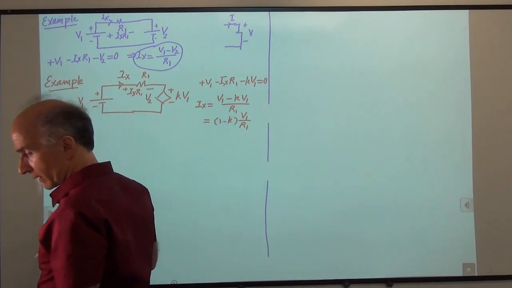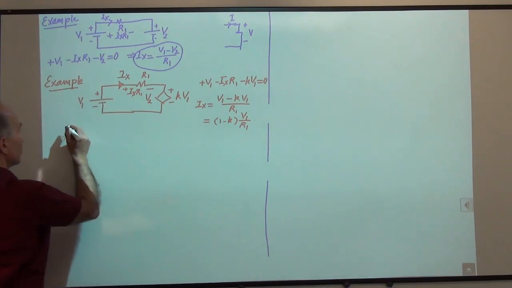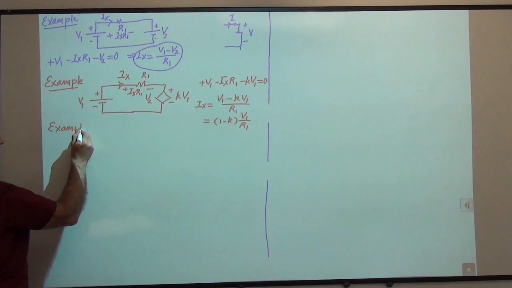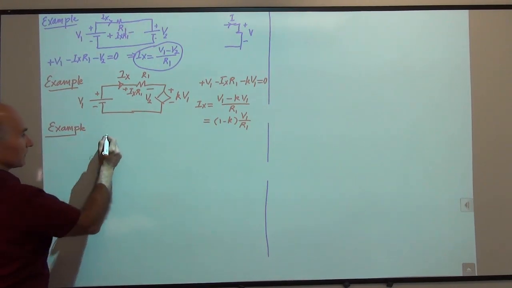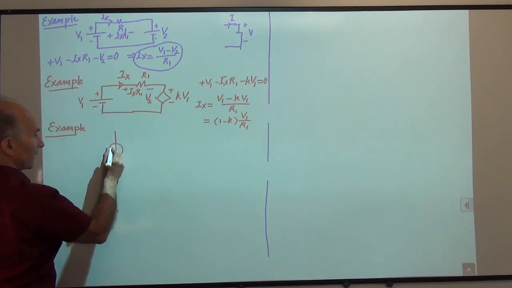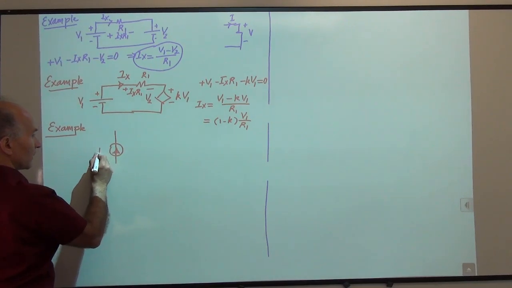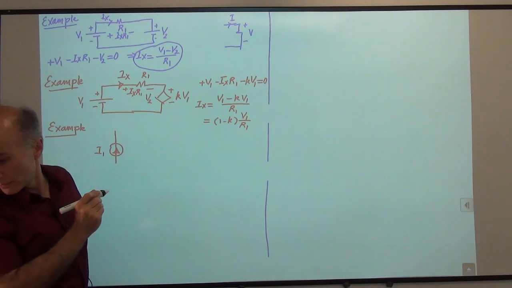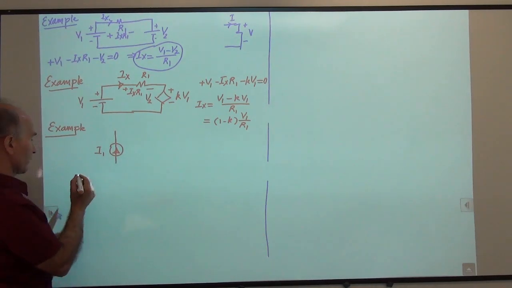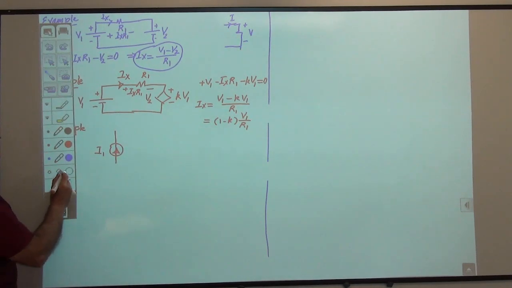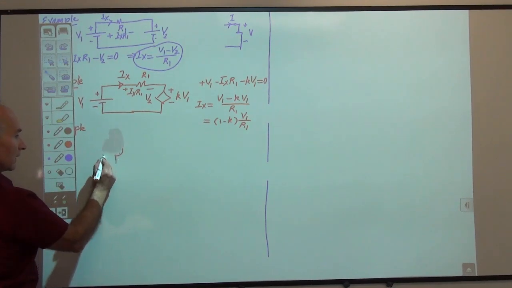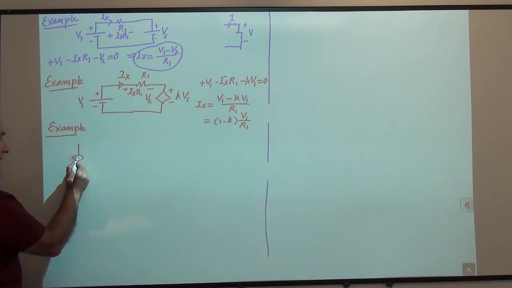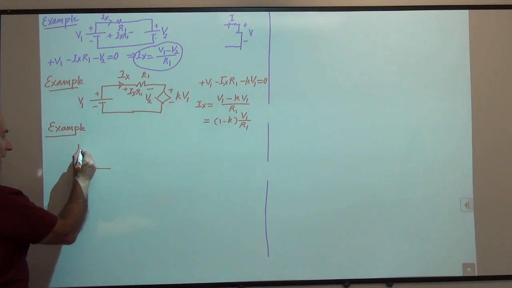Well, we have a little more complexity in the circuit. So here's another example. Let's start with the voltage source, which we call Vx.